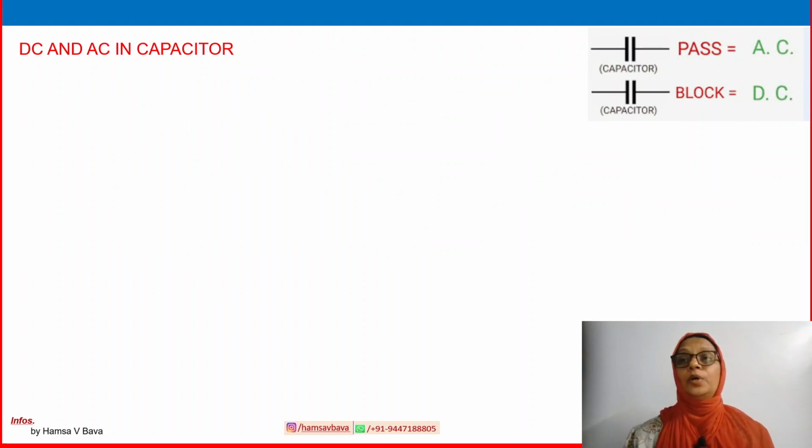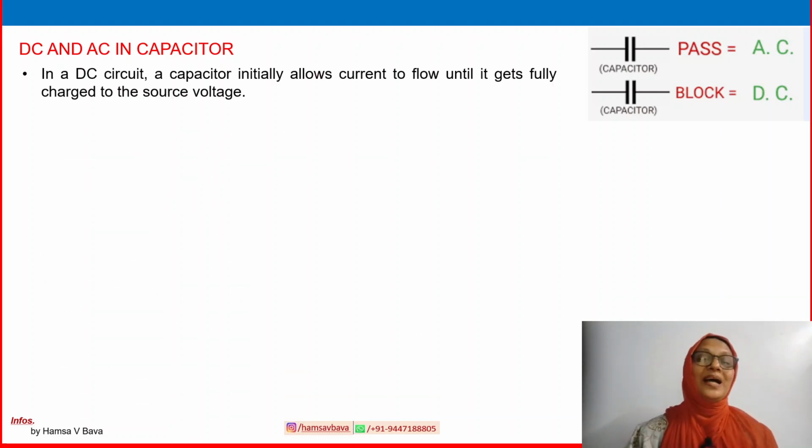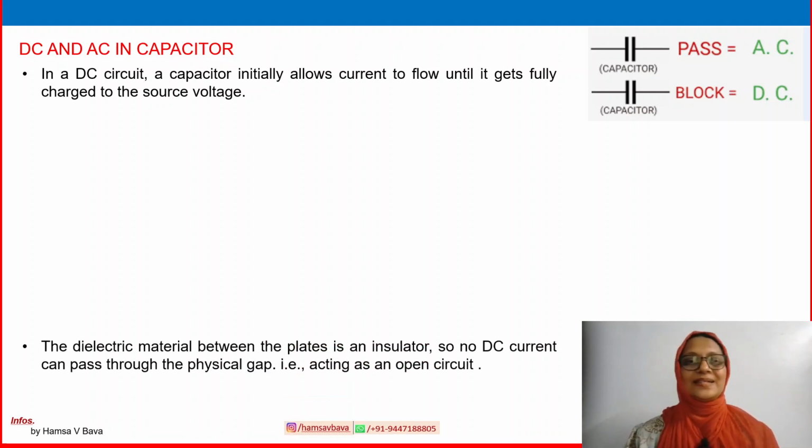Then we can see the behavior of a capacitor to AC as well as DC. Actually, capacitors pass AC and block DC. How? In a DC circuit, the capacitor initially allows current to flow until it gets fully charged to the source voltage.